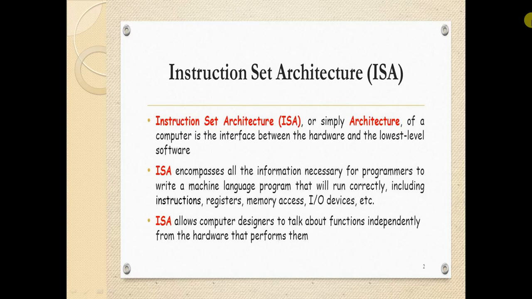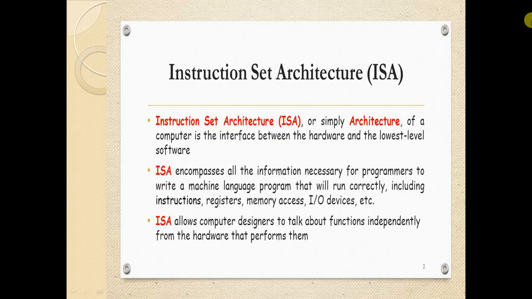Instruction set architecture. Instruction set architecture is the interface between the hardware and the lowest level software. Basically, in instruction set, it is how machine language interacts with the computer.